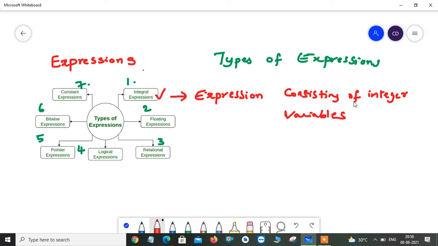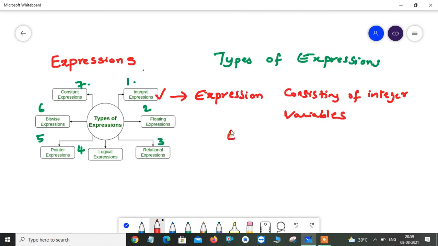I explained the operators concept in my previous videos, and I'll provide that link in my description. You just go through it and try to understand the different operators available in C programming language, so you get some idea. You can use any operators in your expressions along with your integer variables.